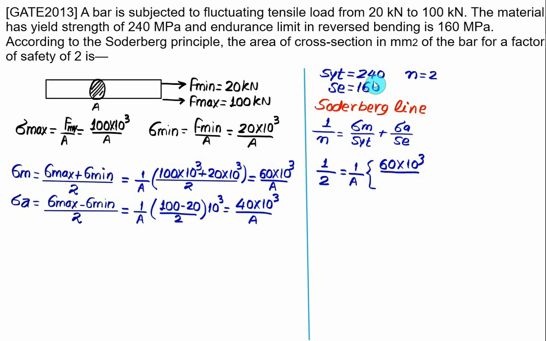We have SYT equal to 240 plus amplitude stress, which is 40 into 10 to the power 3. We can take out 10 to the power 3 as common also. Let it be. We have endurance strength equal to 160. So the only unknown in this equation is A. Solve it. You will get the area close to 1000 mm square.